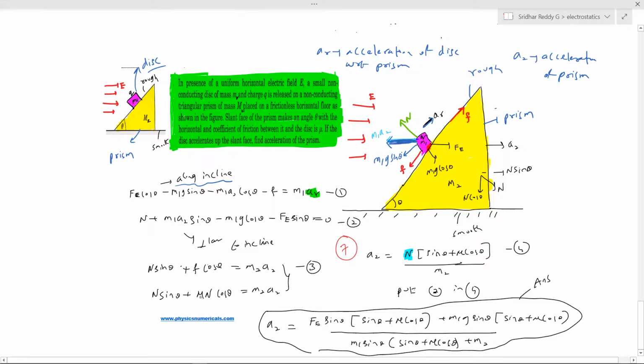So A2 is equal to this much. Now substitute this value of N, solve it, and you'll get the acceleration of the prism.